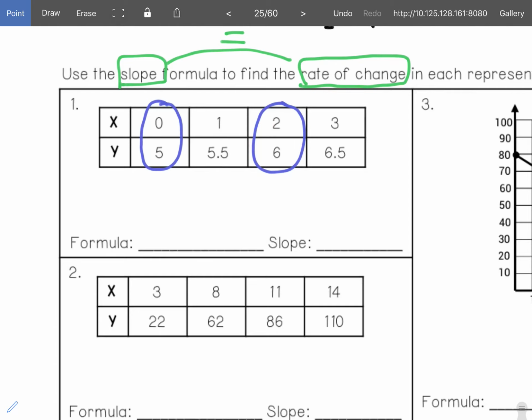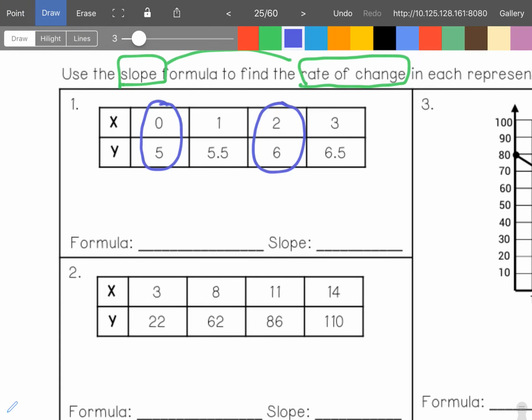If for the rise we decide to do 6 minus 5, then we have to come back and do 2 minus 0. We've got to keep things consistent here. So I'm going to do 6 minus 5, and then on the denominator for the run, I have to do 2 minus 0. Well, 6 minus 5 is 1, and 2 minus 0 is 2, so the slope is 1/2.